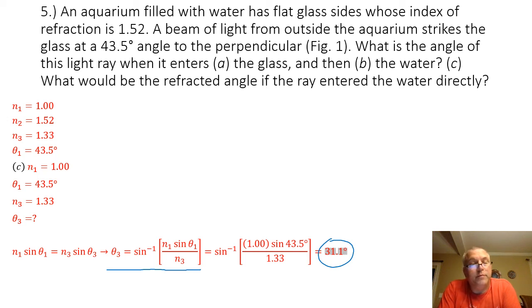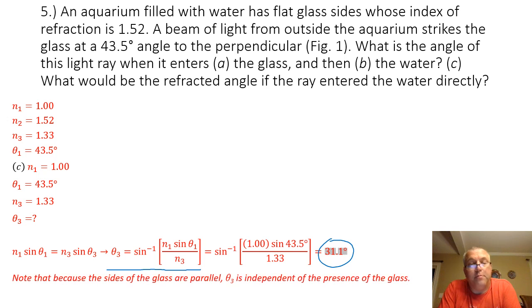The reason for that is because the sides of the glass are parallel to one another, and because they're parallel to one another, they kind of cancel each other out. So theta 3, or my angle of refraction into the water, is independent of the ray of light having to travel through the glass, because both sides of the glass are parallel to one another.